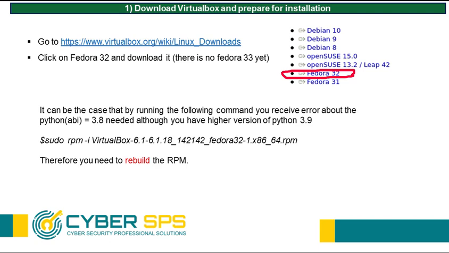It can be the case that when you want to install this RPM that you have downloaded from this website, you will have a problem and you will receive an error that the Python version available in your system doesn't match what is needed for this RPM, because for instance it needs Python 3.8, and what I had in my Fedora was Python 3.9.